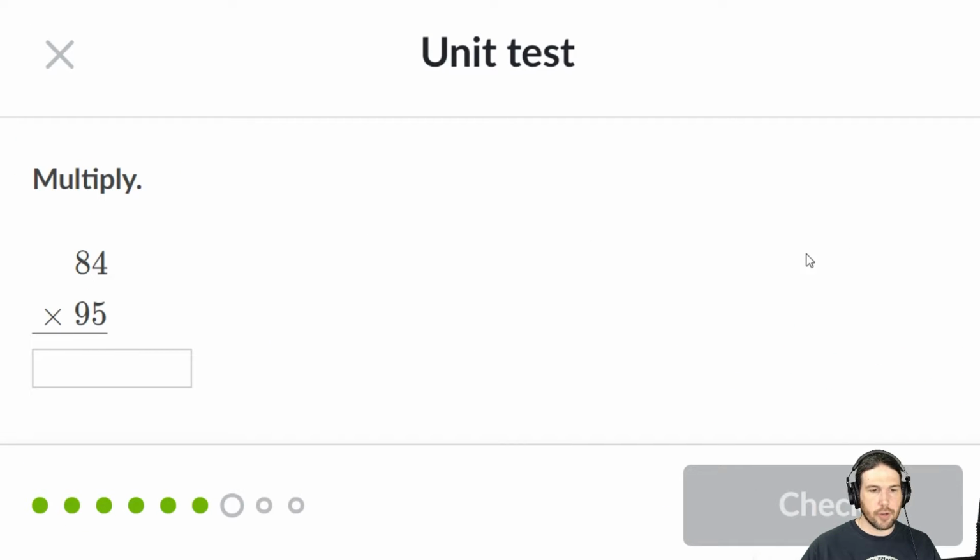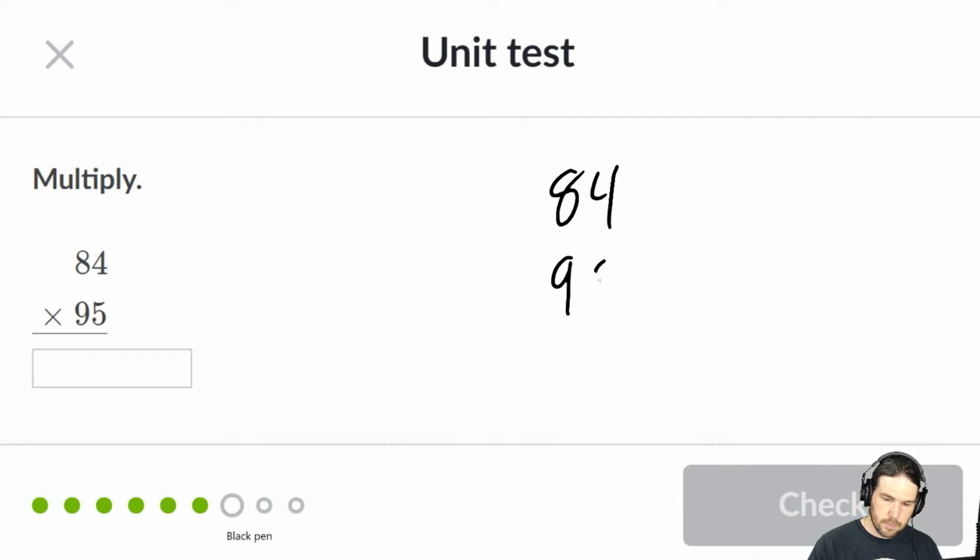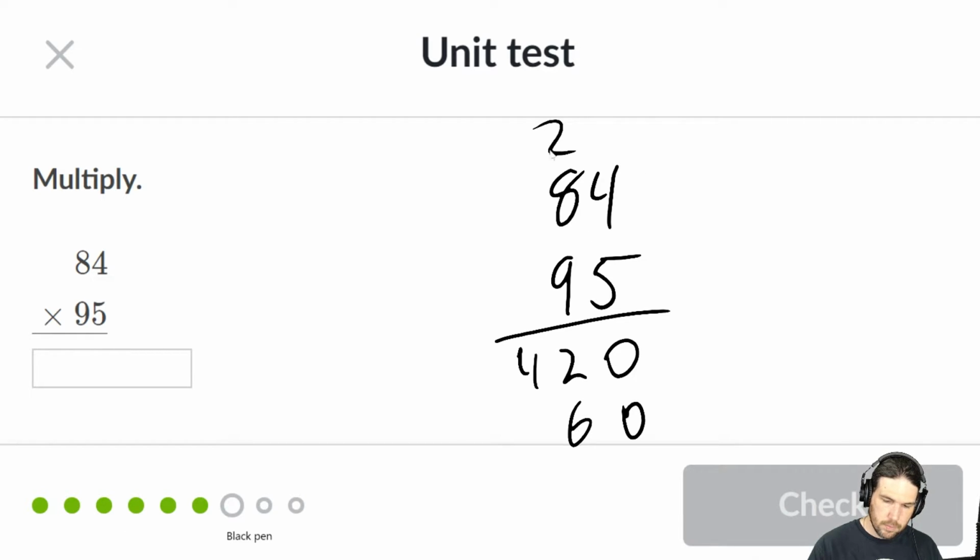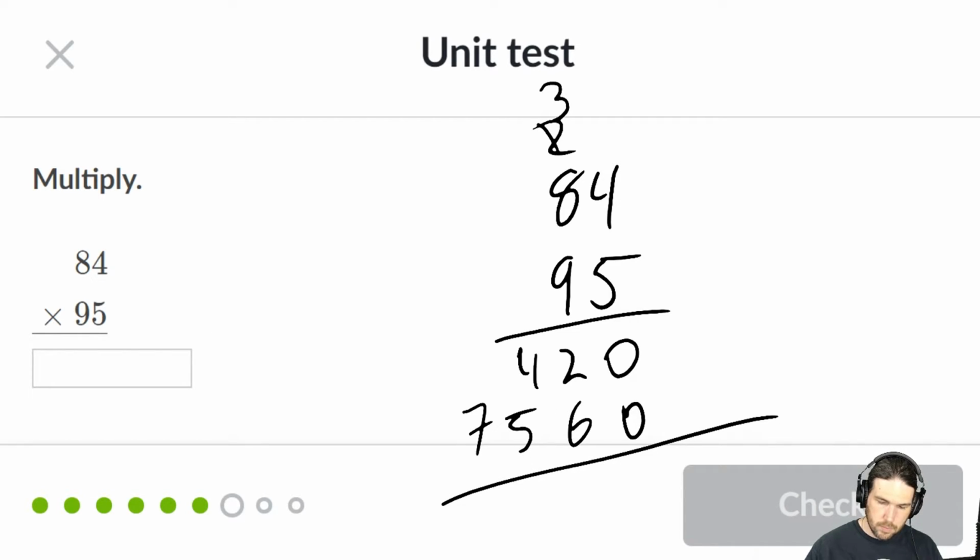Multiply. Nice and straightforward. 84 times 95. I got 7,980.